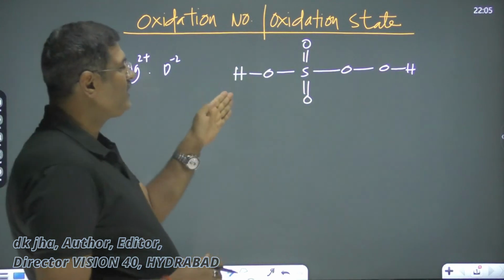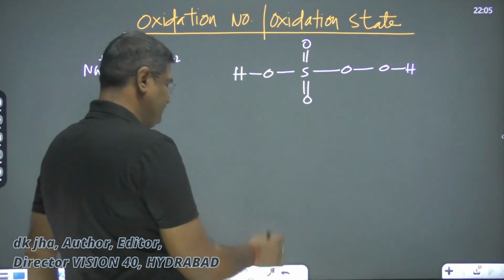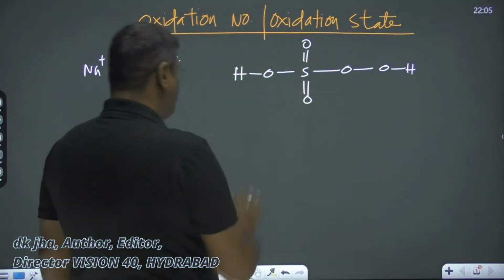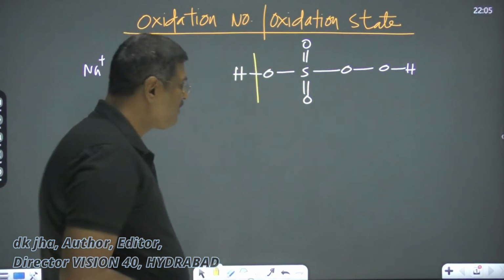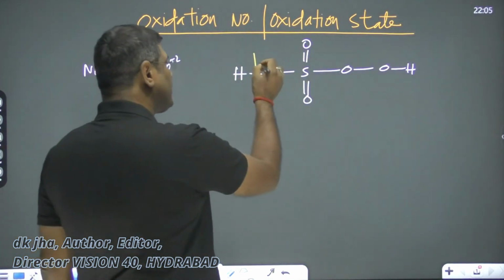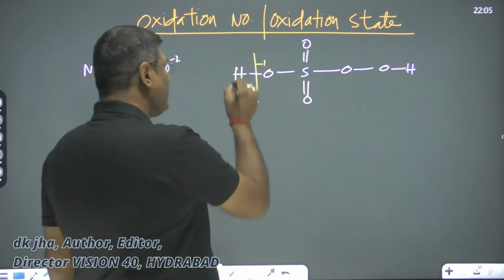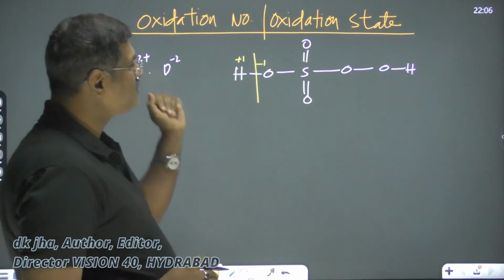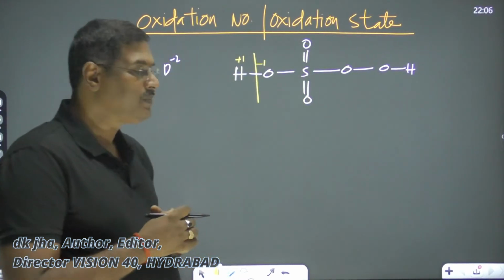If we have to find the oxidation number of hydrogen, it is very simple. We assume heterolytic cleavage. The oxygen is more electronegative, so this one is minus 1 and this one is plus 1. So its oxidation number is plus 1.